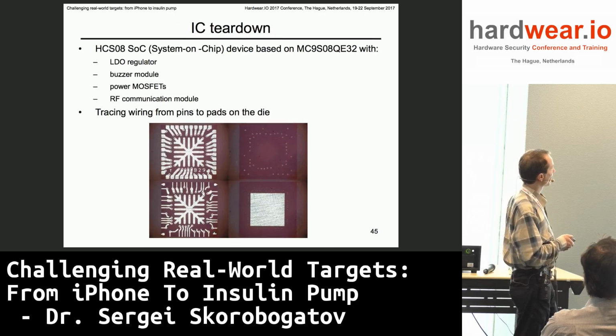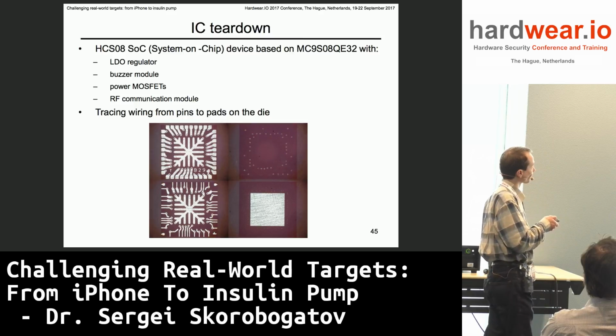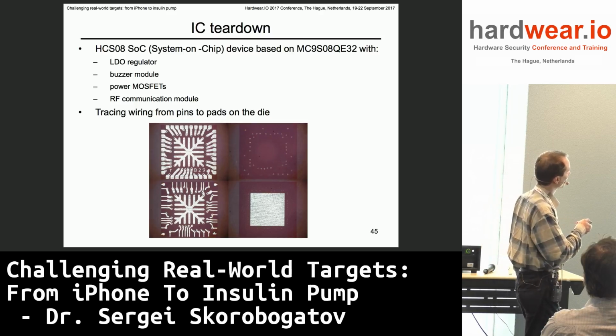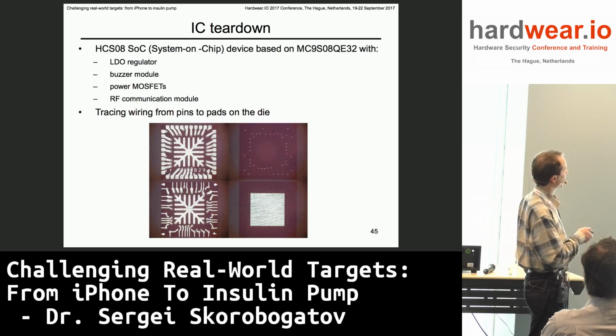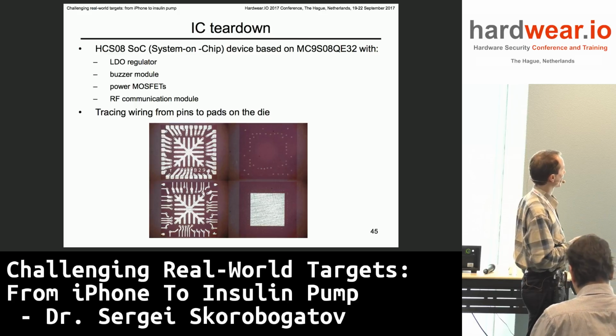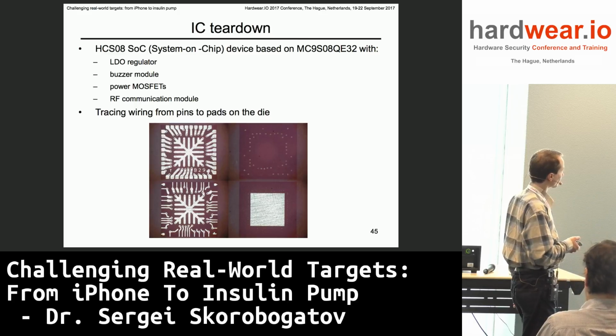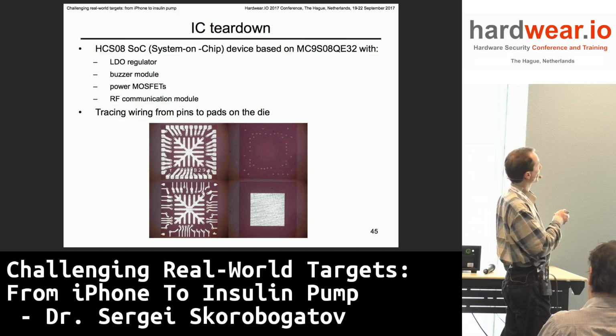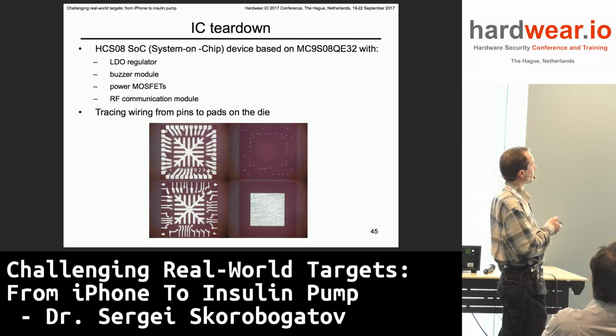Then I traced the connections from the silicon die to the outside package, and the chip has very similar marking to what is used for HCS08 microcontrollers. In fact, the chip is based on the standard Kinetis microcontroller with the addition of special functions, for example the voltage regulator and the buzzer controller.